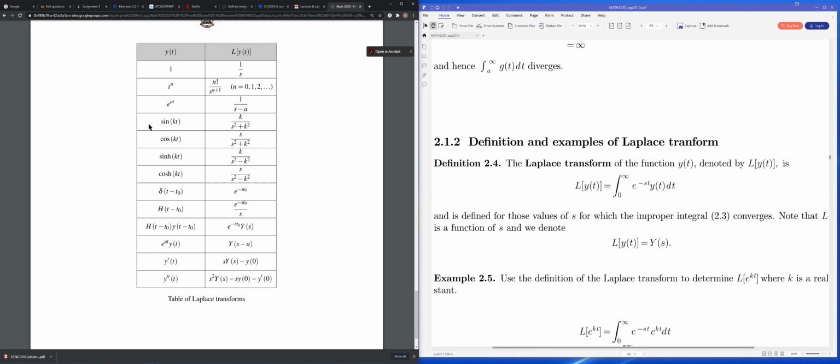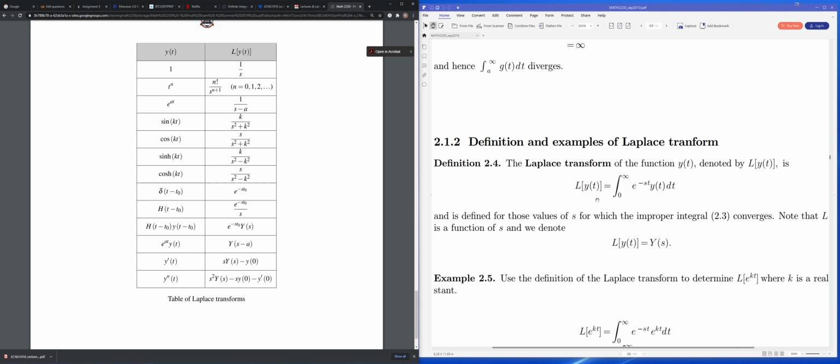So when you're calculating the Laplace transform, most of the time you'd use a table. But I would expect you to know this definition here, and be able to calculate certain cases using this integral definition of your Laplace transform. This is similar to when you're doing calculus and you're doing derivatives by first principles.